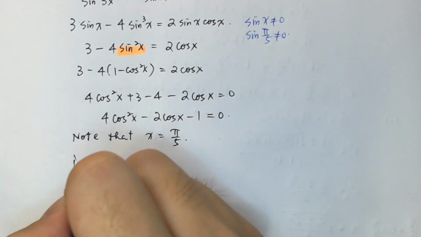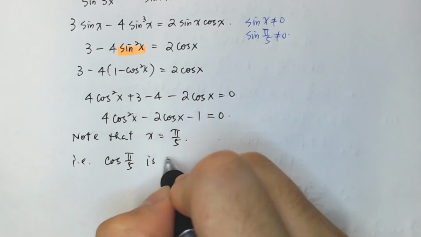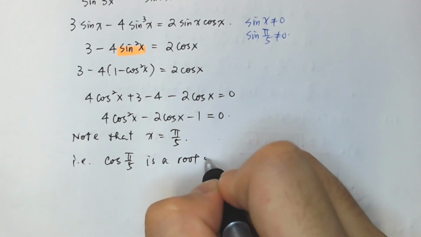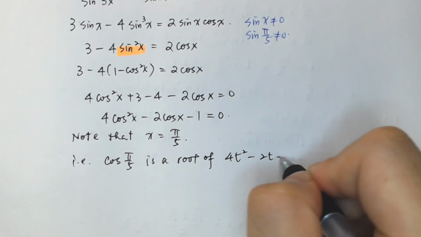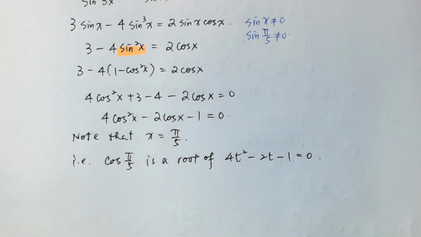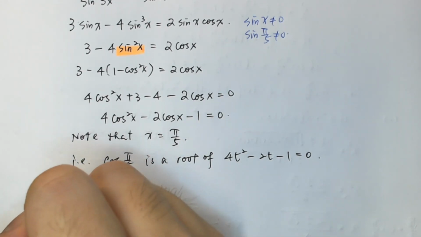Then cosine of pi over 5 is a root of 4t squared minus 2t minus 1 equals 0. Isn't it amazing?